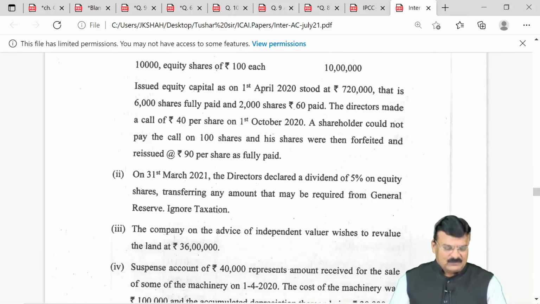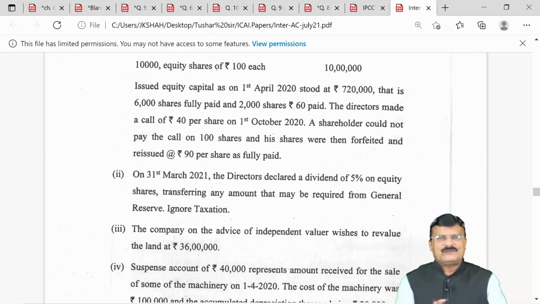A shareholder could not pay the call on 100 shares, and his shares were then forfeited and reissued at 90 per share, fully paid. So indirect hint for you, there will be a generation of capital reserve.